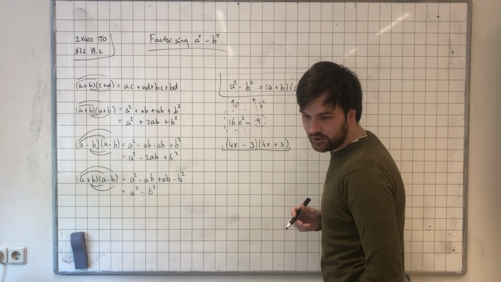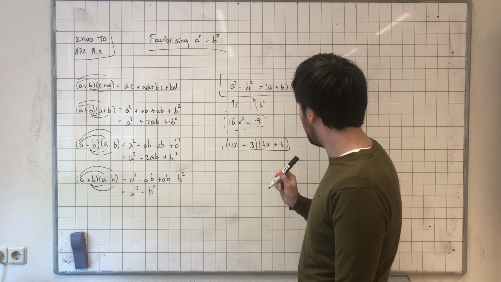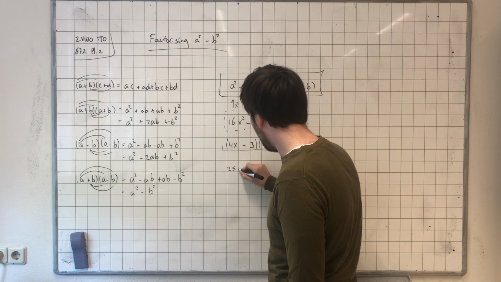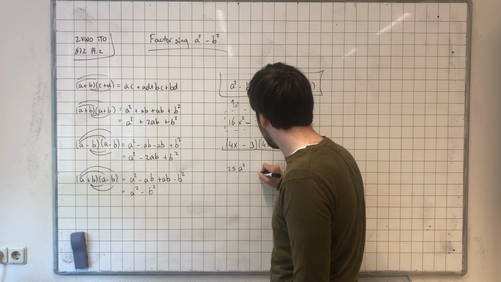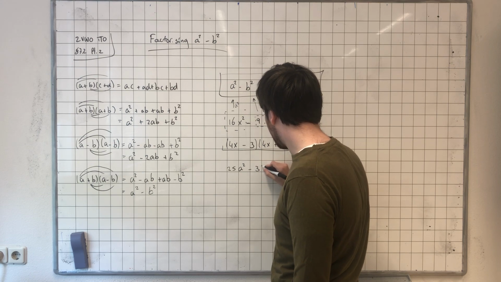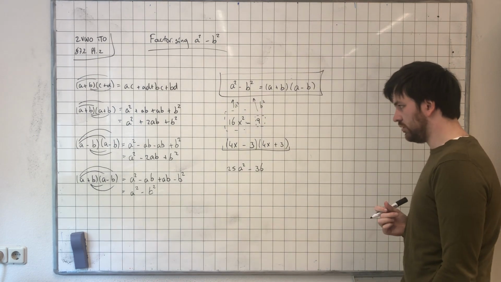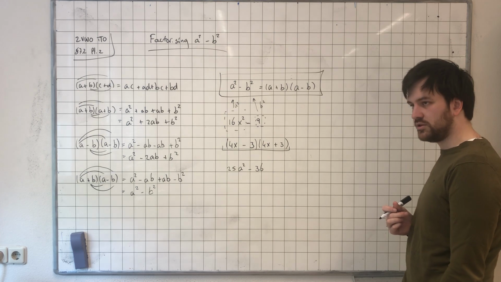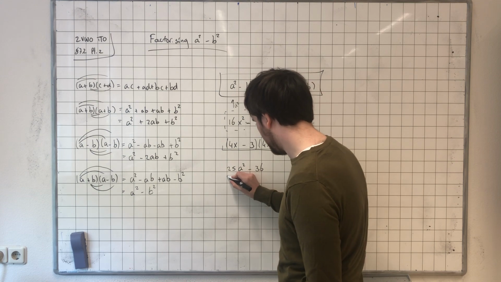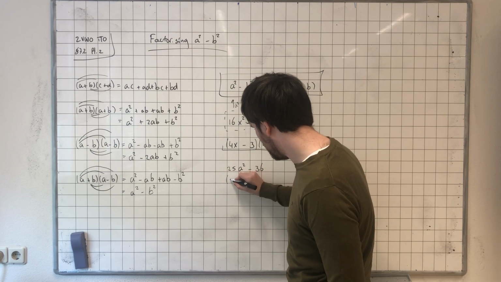I'm going to give you a second example. So what if you have 25a squared minus 36. Maybe you can do this one already by yourself. Maybe you should give it a try. Well, if you have or haven't, I'm going to.